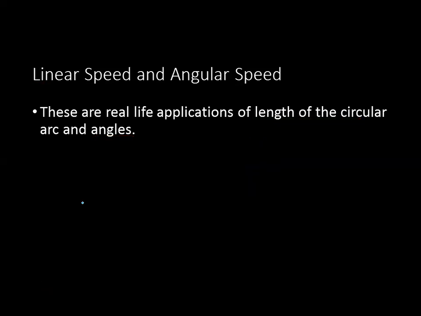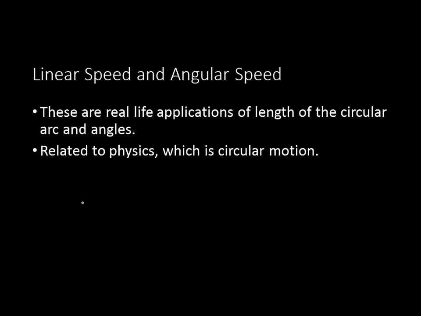They are actually related to physics, which is circular motion. Here, you'll be learning a topic that is actually part of circular motion. Which makes sense because in our previous examples, we basically have a real-life problem that's related to the length of the circular arc.